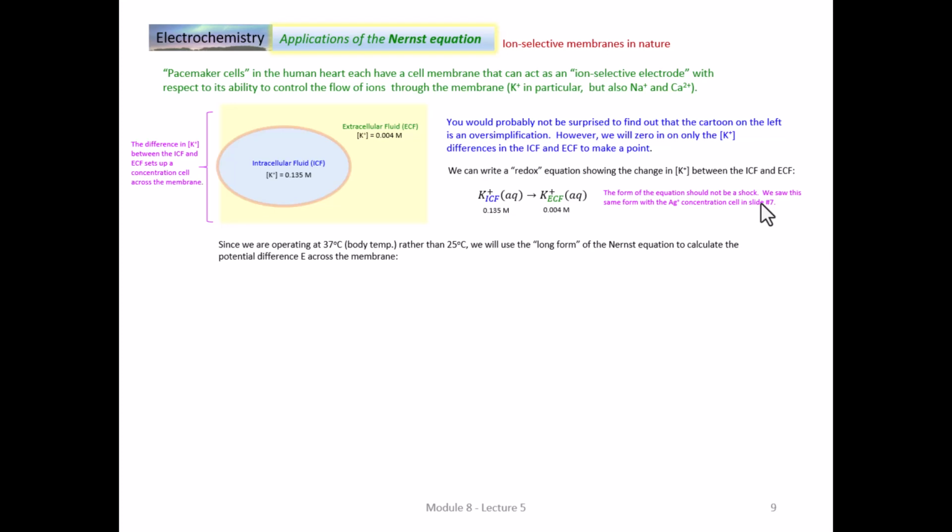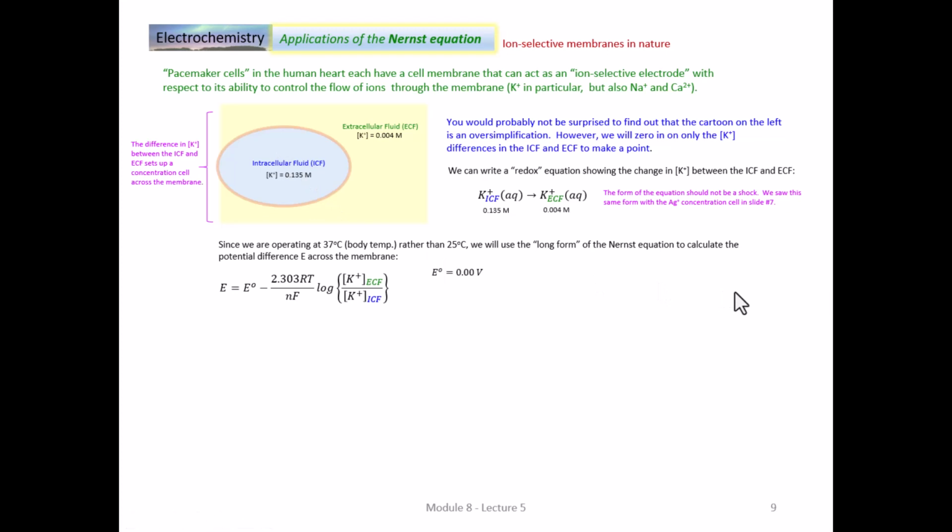We won't assume the temperature is 298 K to calculate the potential difference E across this membrane. So what we'd have here is the long form of the Nernst equation, and I've put in the expression for Q here, which would be, as we've written our reaction, the concentration of the potassium ion in the extracellular fluid divided by the concentration of the potassium ion in the intracellular fluid.